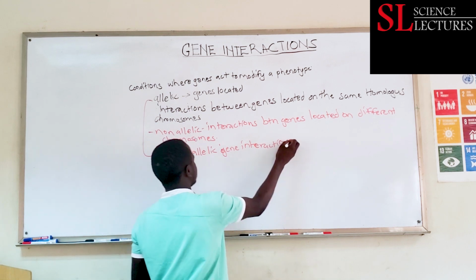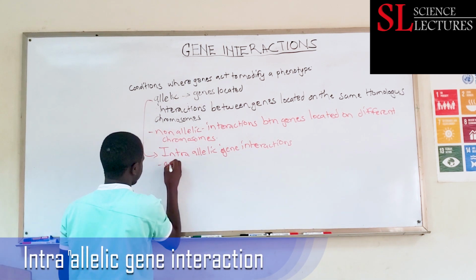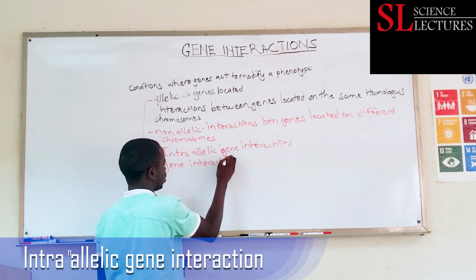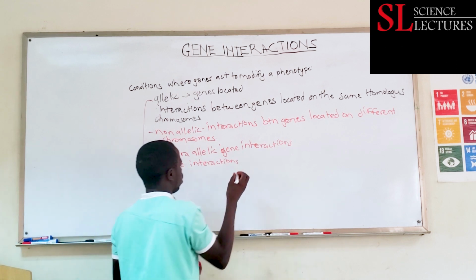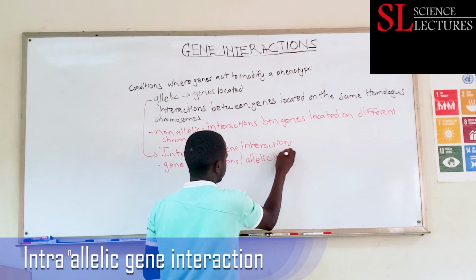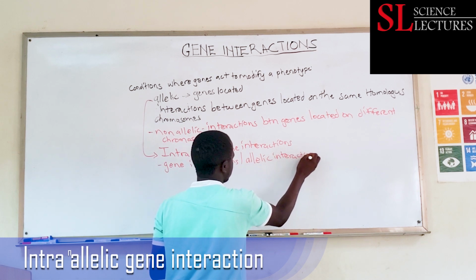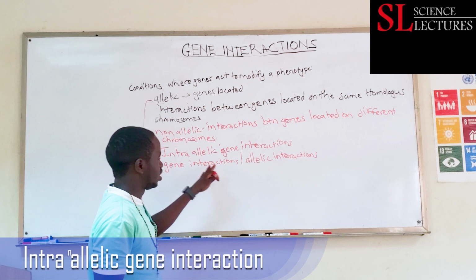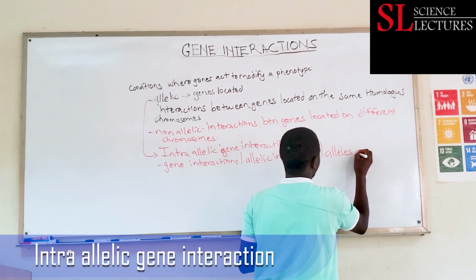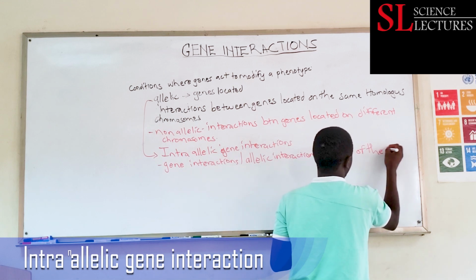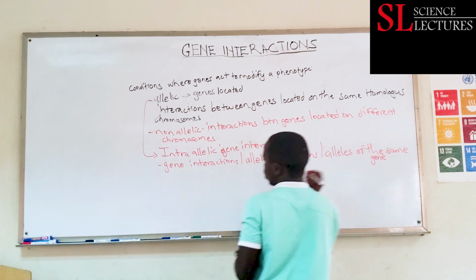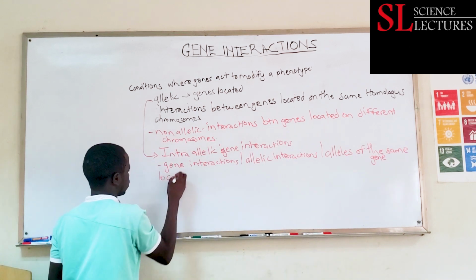These are allelic interactions, or you can say they are interactions between alleles of the same gene located on homologous chromosomes.